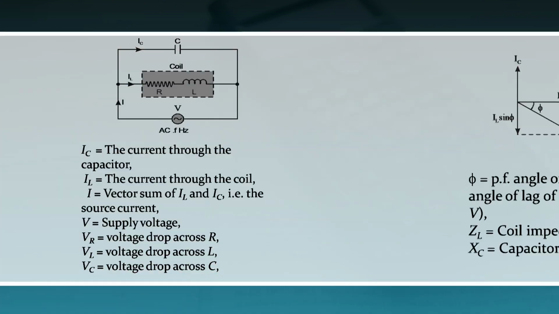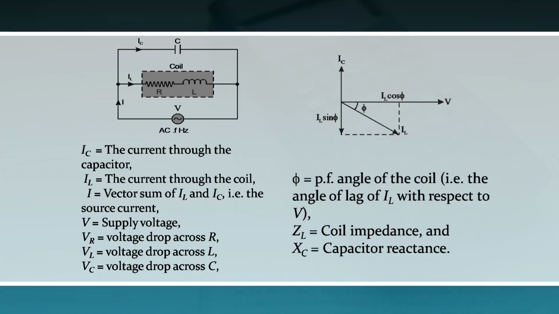Here you can see that IC is the current through the capacitor. IL is the current through the coil. And I is the vector sum of IL and IC, that is the source current. Capital V is the supply voltage. VR is the voltage drop across resistance. V suffix L is the voltage drop across inductance.